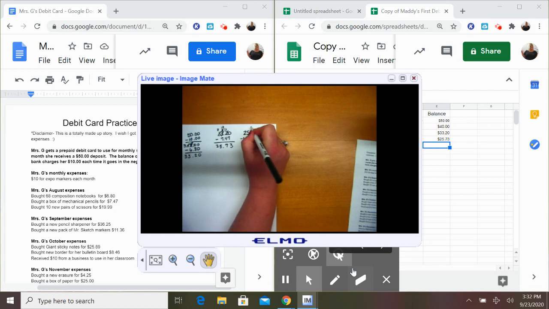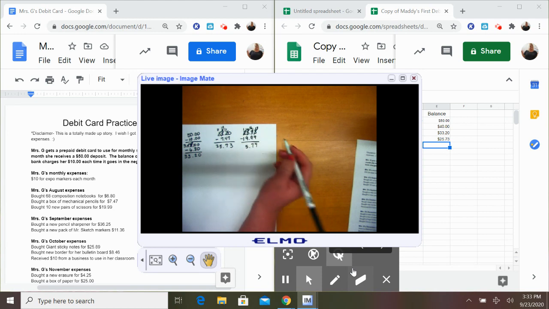So I have to borrow and make that a 6 and make this a 13. 13 minus 9 is 4. I can't do this, so I have to borrow again. 16 minus 9 is 7. Bring your decimal down. I can't do 4 minus 9, so I have to borrow again. 14 minus 9 is 5.